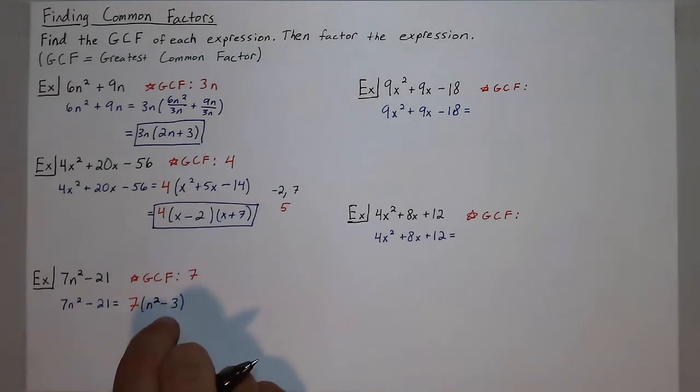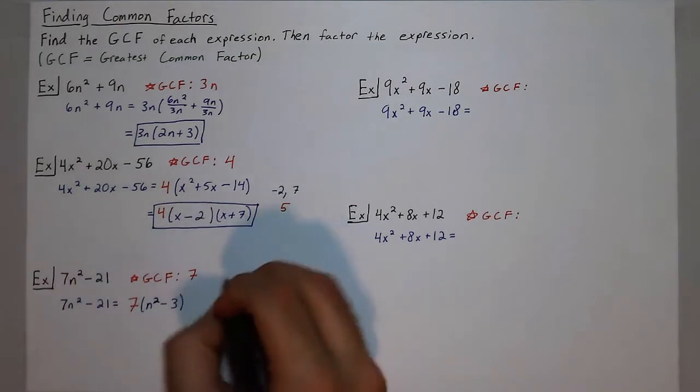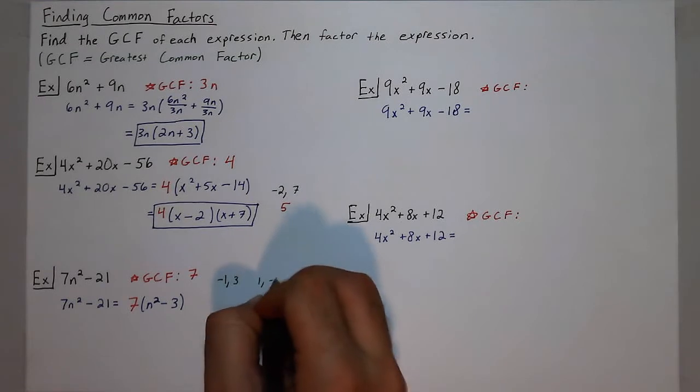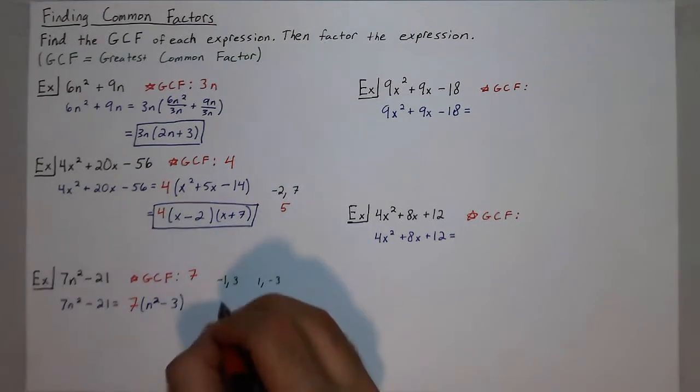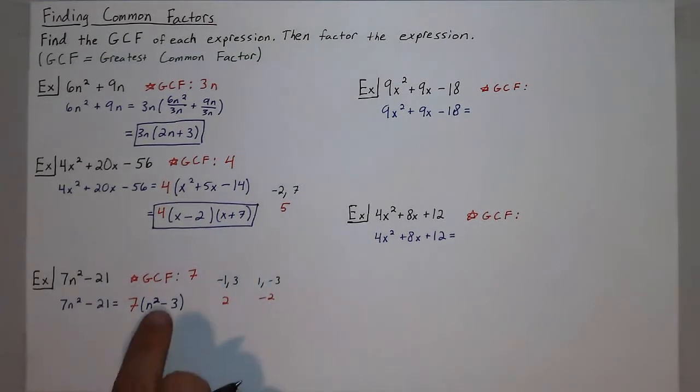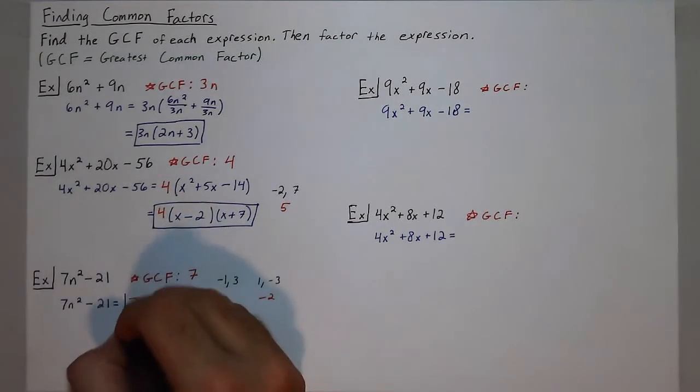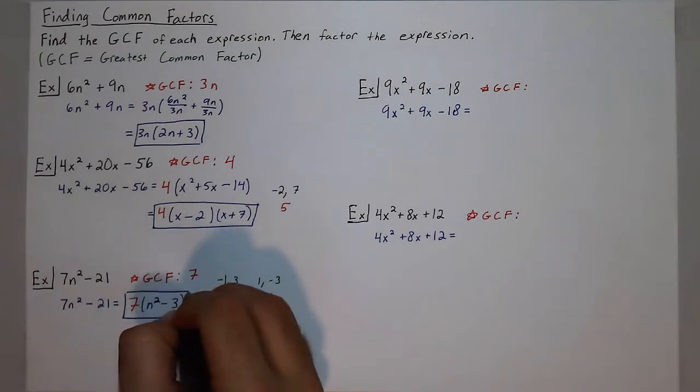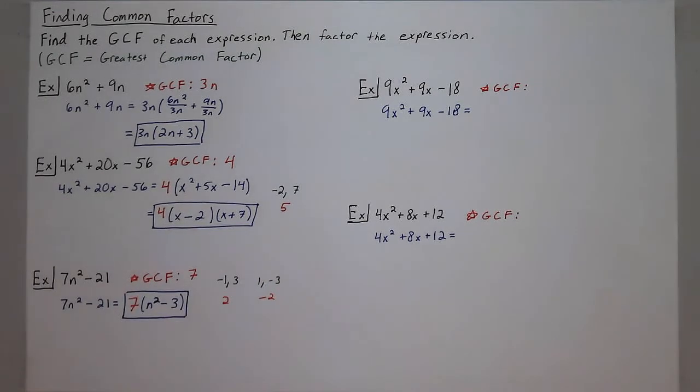That's because the number they have to add up to is 0, which makes this pretty tough because we have to have a positive and negative of the same number. But unfortunately, the only way to make negative 3 is either negative 1 and 3 or 1 and negative 3. And when I add those together, that gives me 2 and negative 2, which isn't 0 for the missing term. So I cannot factor any further, so I stop there. And I get 7 times n squared minus 3 when I factor that quadratic expression.